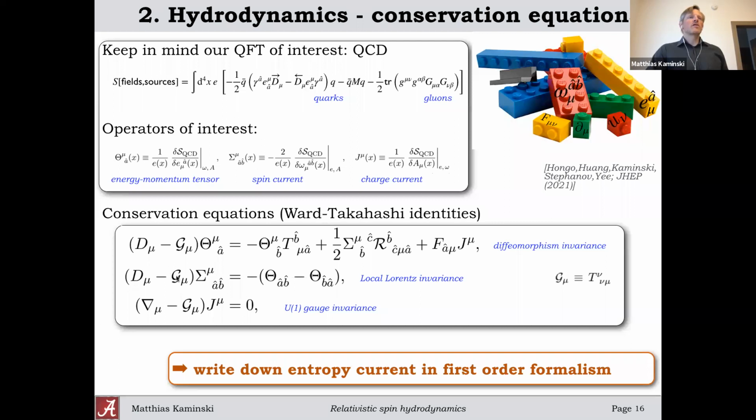If you have a source for a spin current, that means your energy momentum tensor needs to be antisymmetric. So if it's symmetric, then this source needs to vanish. That's what this equation tells us on a very fundamental basis. No, we haven't done any expansions in derivatives or anything. This is just a fundamental relation that you get by considering local Lorentz invariance.